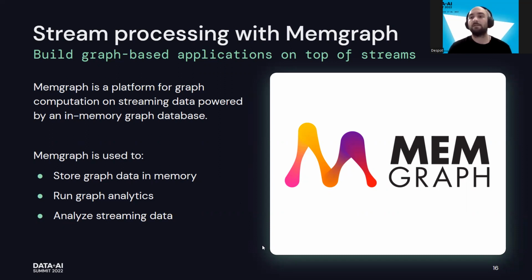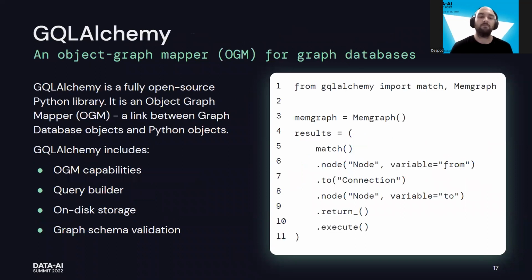It's also implemented in C++ to avoid memory problems and to make it as optimized as possible. Memgraph can be used to run graph traversals and graph algorithms. You can even implement your own if you need to in Python, C, C++, and Rust. And you can directly connect to streaming sources such as Apache Kafka, Apache Pulsar, or Red Panda.